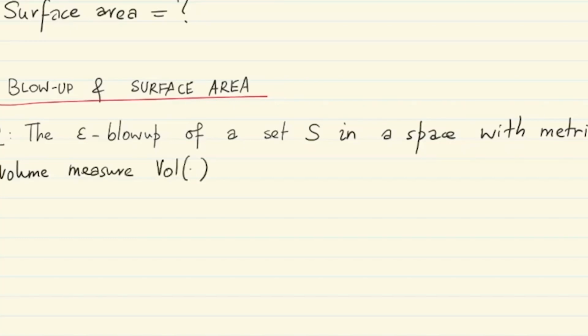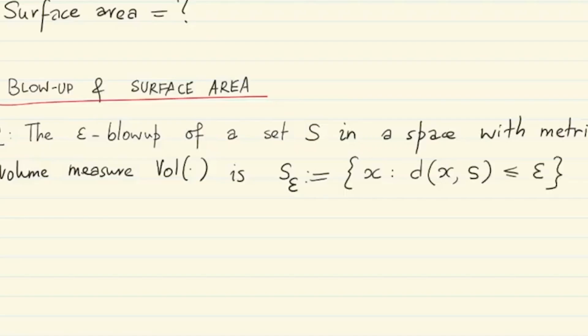So the epsilon blow up of a set S, with notation S epsilon, is defined to be the set of all points x such that the distance of x from S is at most epsilon, where, by the way, what is the distance of a point from a set?